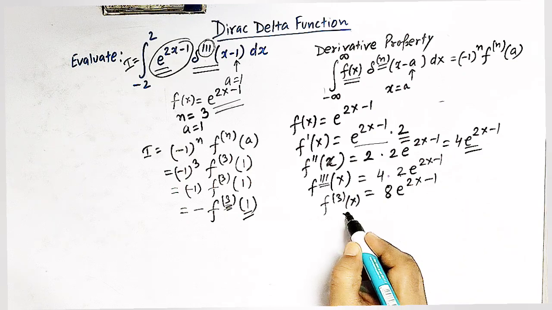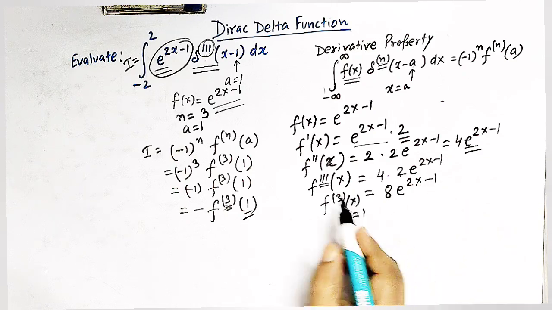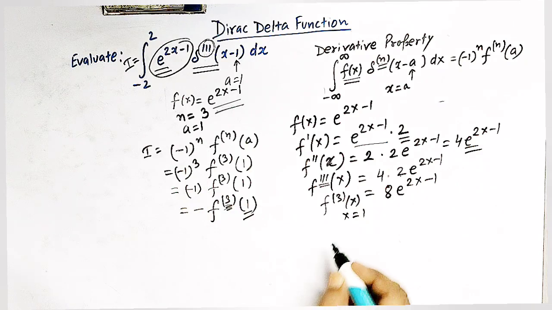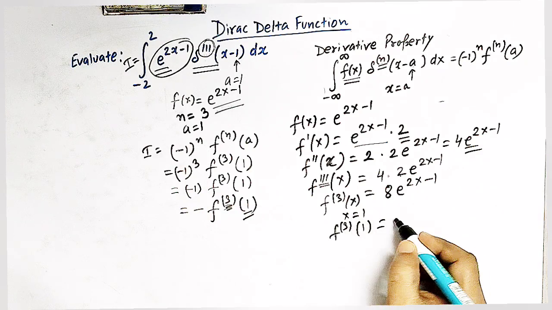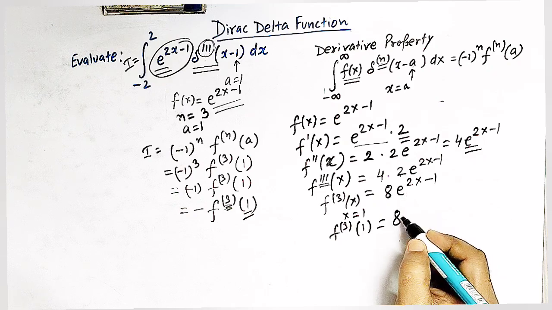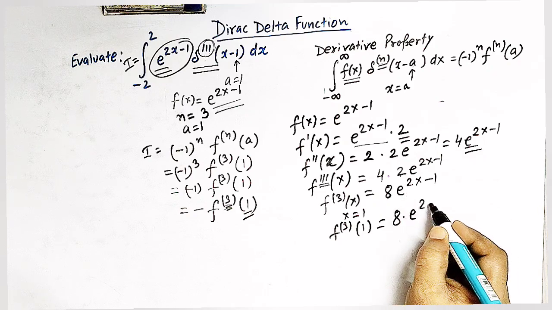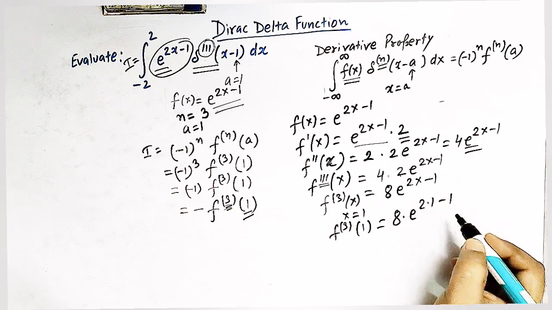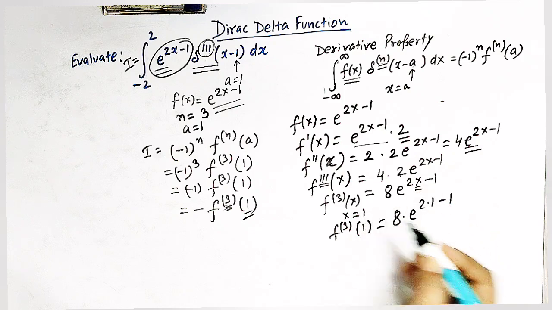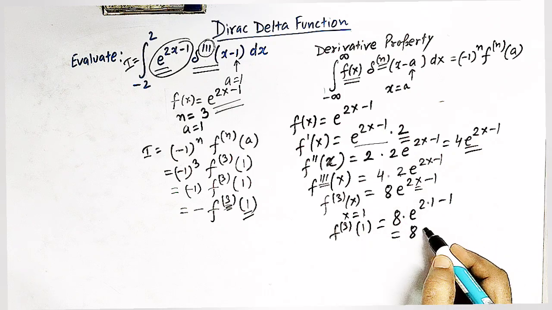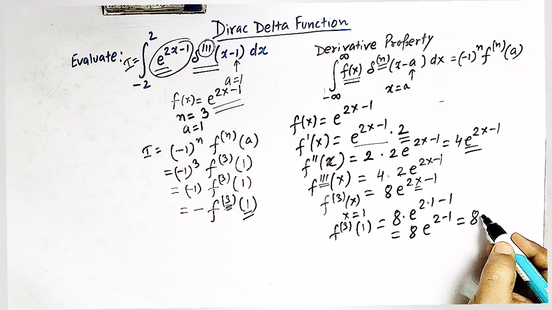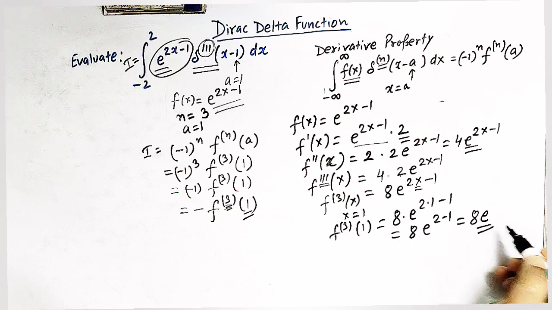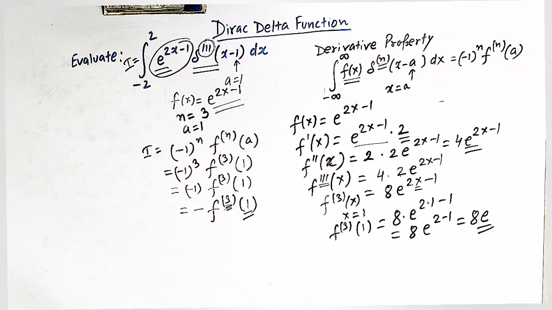So let us substitute x is equal to 1, that is a is equal to 1. So we have the third derivative at x is equal to 1 is given by 8 times e raised to 2 times 1 minus 1. So taking x is equal to 1, we have 8 e raised to 2 minus 1, that is 8 times e, where e is the exponential number, right?